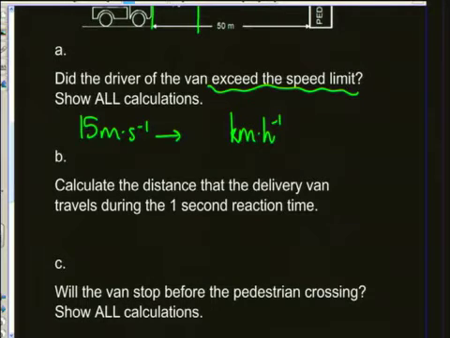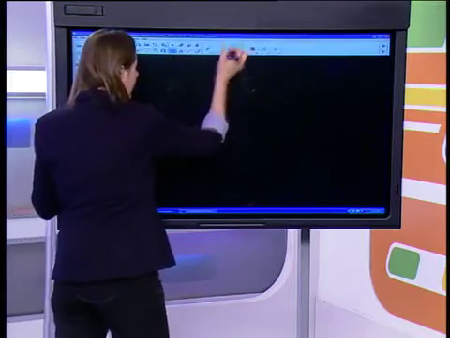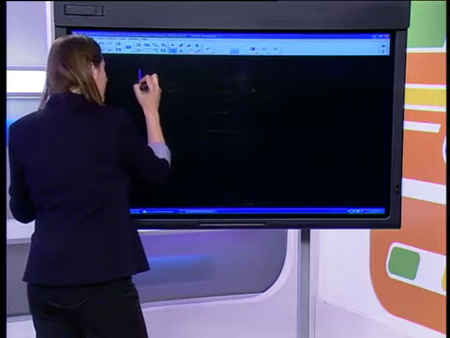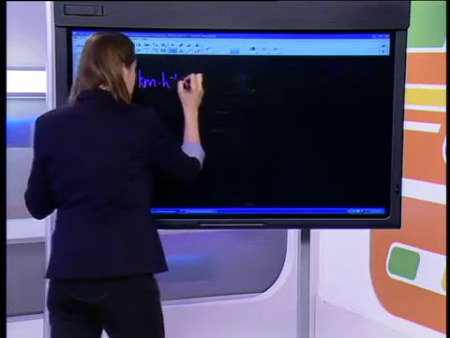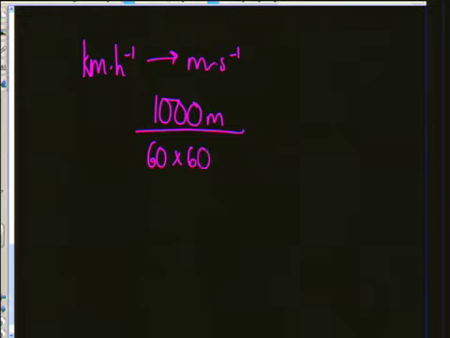You want to be able to compare that to the speed limit of 60 kilometers per hour. So how do we convert? Let's go down here and note that when you go from kilometers per hour to meters per second, kilo is 1,000 meters, and an hour is 60 minutes, and each minute has 60 seconds in it.